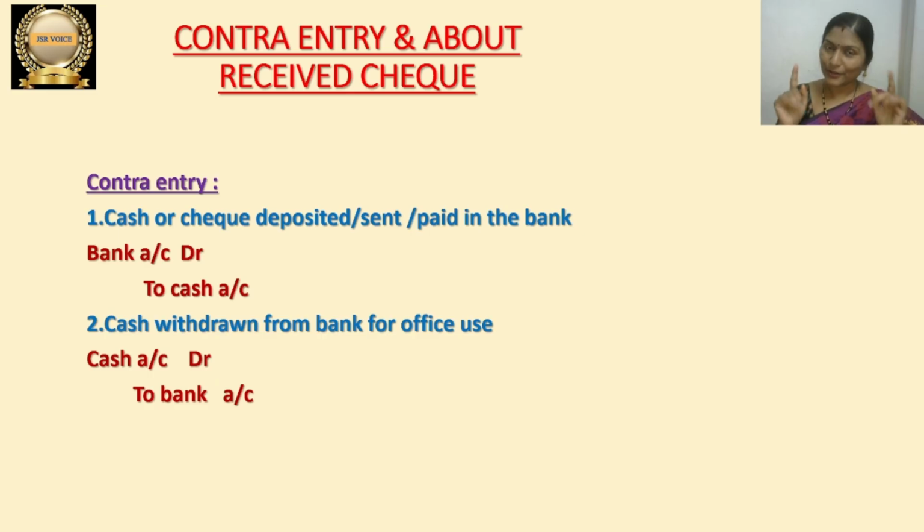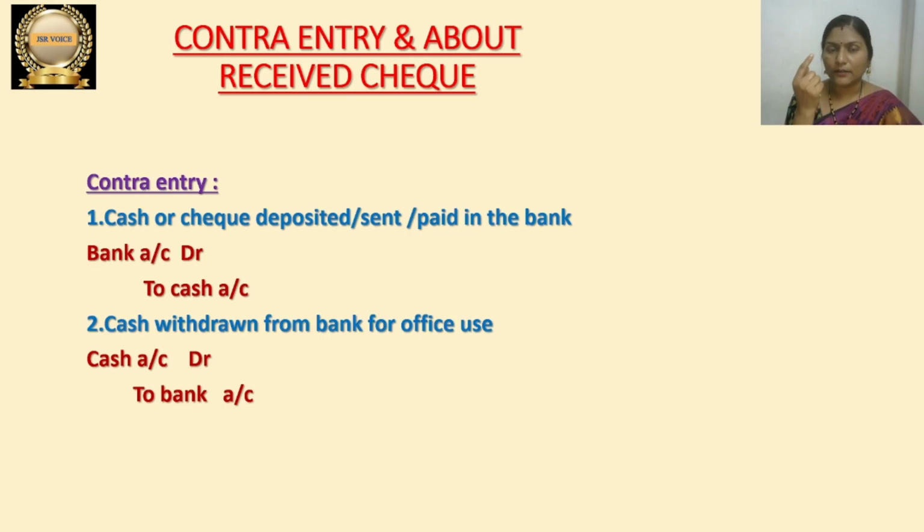Keep the format we discussed just now in your mind, and concentrate on these topics we are going to discuss now: contra entry and received check. So let us first discuss what is contra entry. Contra entry means that in every business, every transaction is recorded only one time in the 3-column cash book.